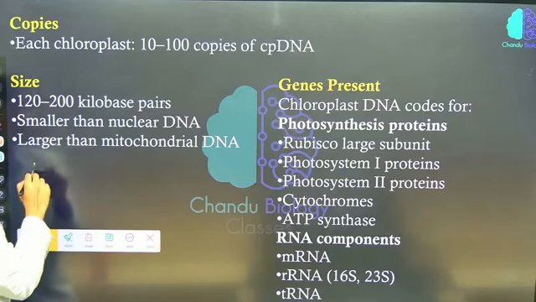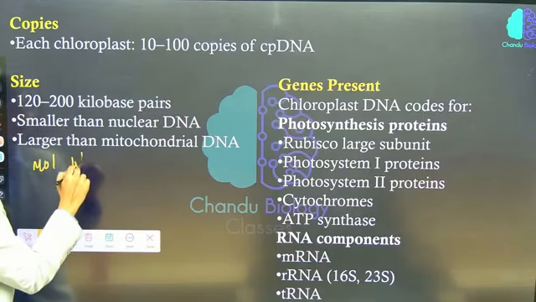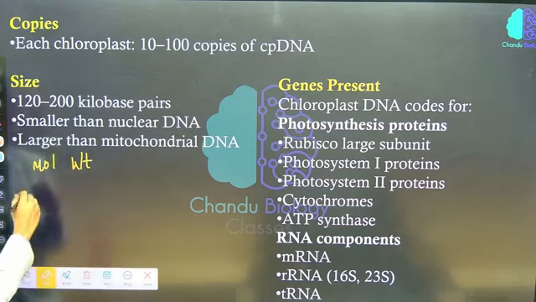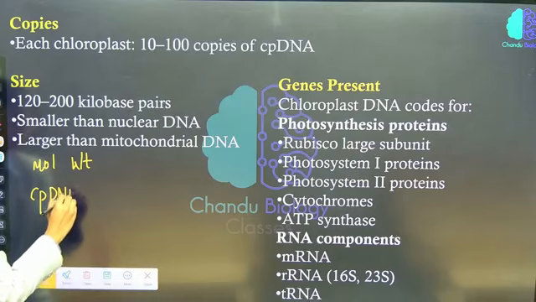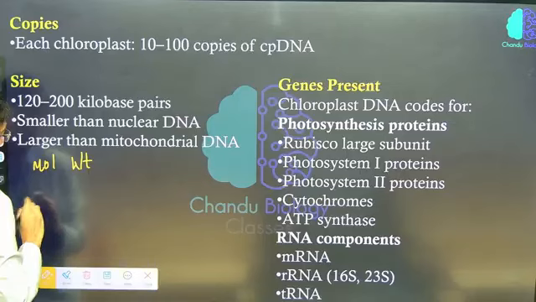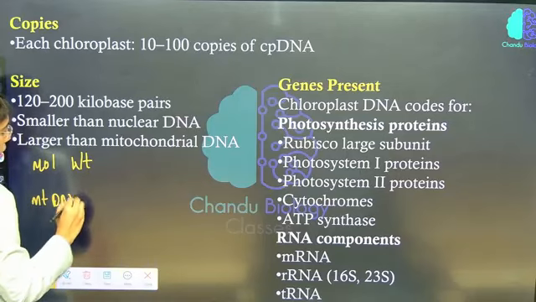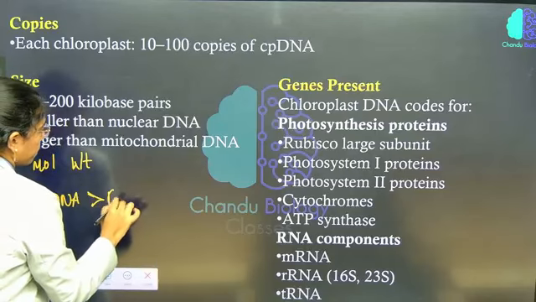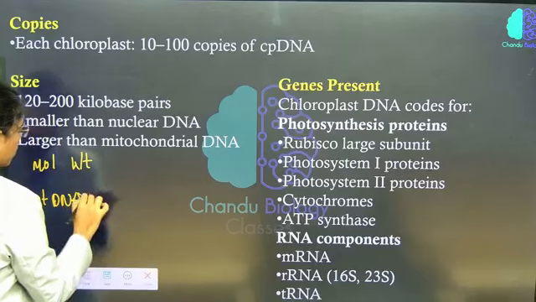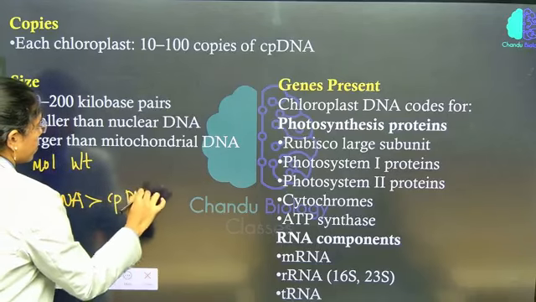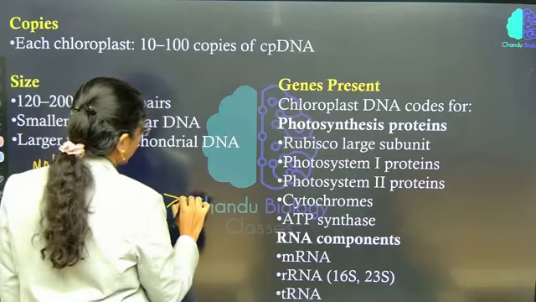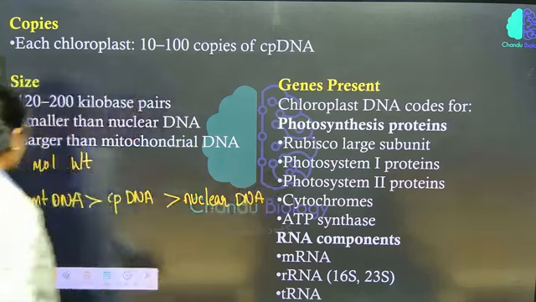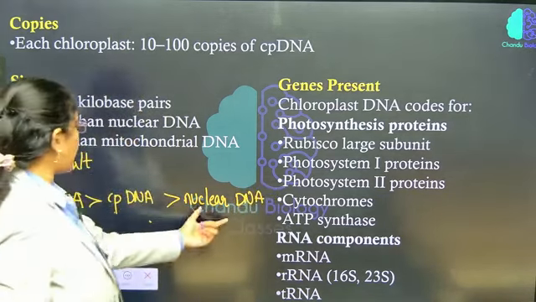If you have to compare the molecular weight of chloroplast DNA, mitochondrial DNA and nuclear DNA, here is the ascending order. First is mitochondrial DNA, then chloroplast DNA, and then nuclear DNA.